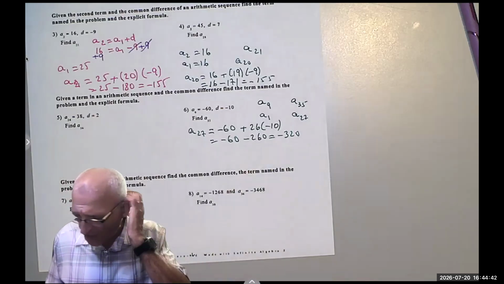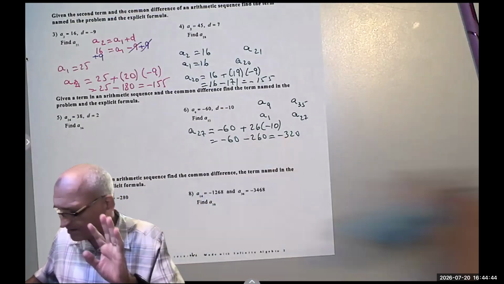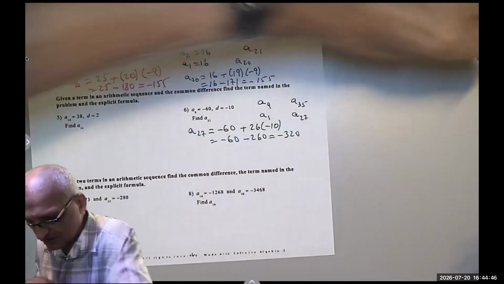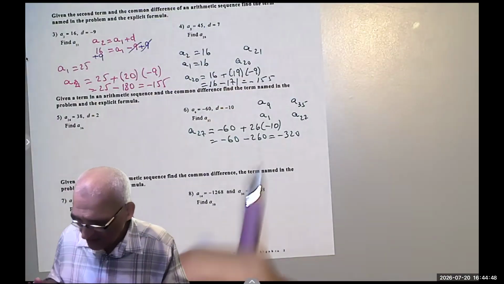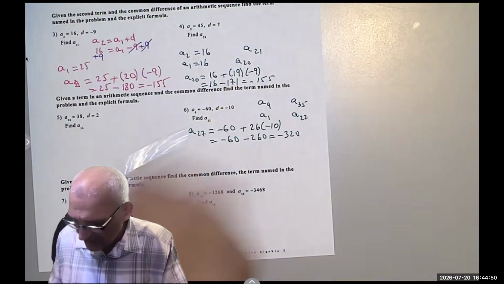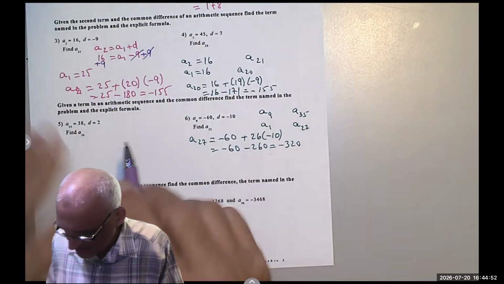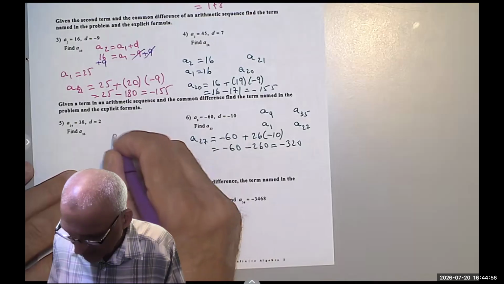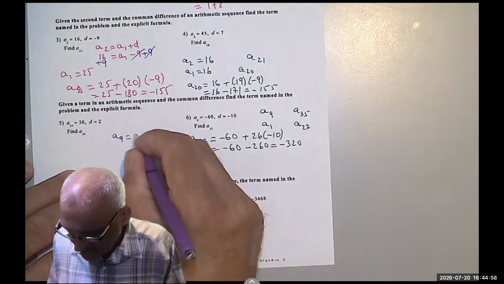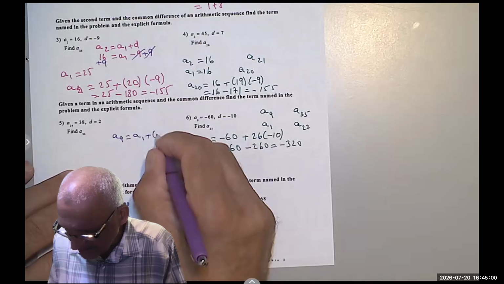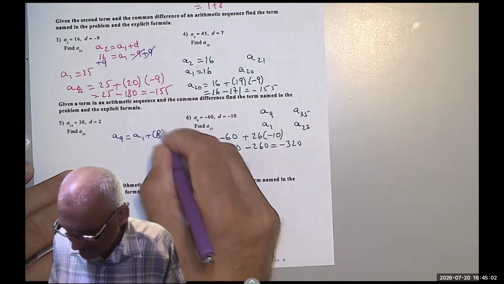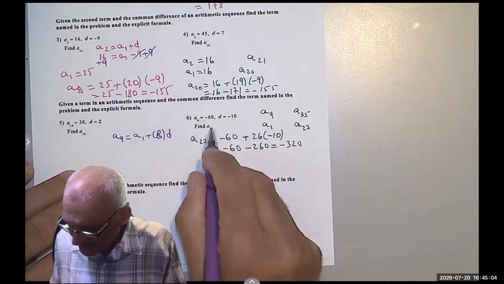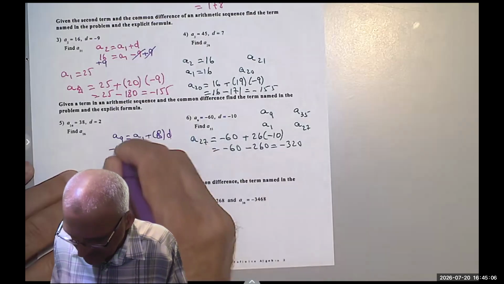Someone else would say, no, I want to do it my way. I don't trust you. You always give us a hard time and put us in a wicked situation. So I'm going to say, okay, a sub 9 equals a sub 1 plus n minus 1, which is 8d. A sub 9 is negative 60.